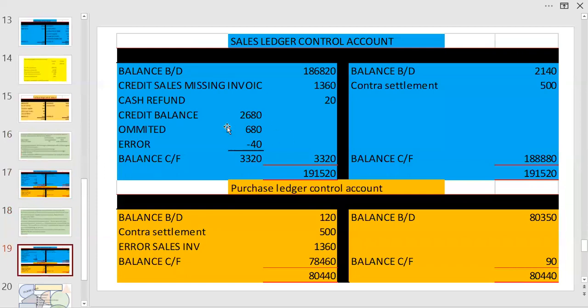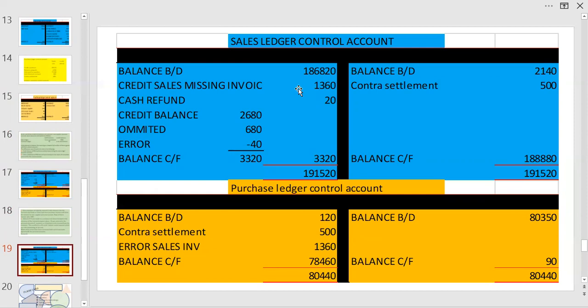One, purchases control account has been overstated by 1,360. So in order to correct it, that control account will have to be debited by 1,360. The second, the 1,360 sales control account entry has been omitted, so therefore that entry will have to be made.